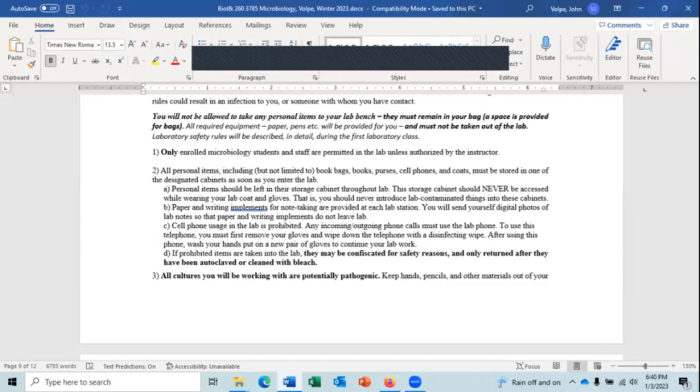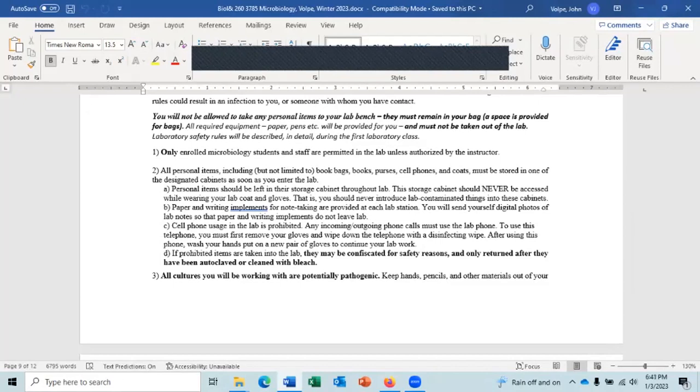You then would walk into the lab, and everything that stays in a microbiology lab stays in the microbiology lab, meaning anything you bring into the lab has to stay in the lab, and it cannot ever leave the lab unless you were to get it sterilized.